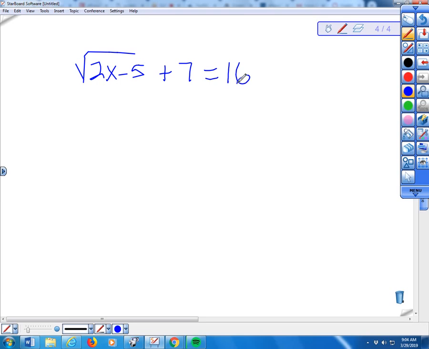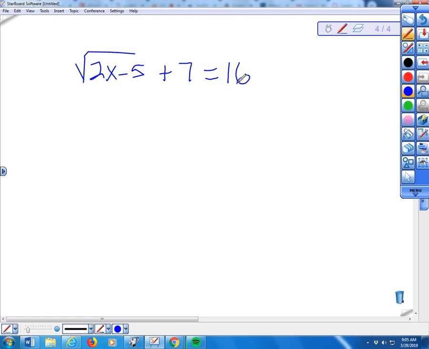So this is your strategy. When you have a root, and only one root, in an equation, your first step is to always isolate the root. Always isolate the root.